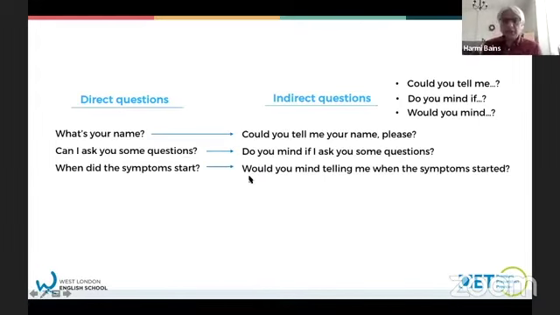And you can see also with would you mind, would you mind telling me when the symptoms started? So just using this kind of indirect language can be really, really beneficial for you. It's softer, it's more gentle, and it's a little bit more polite as well.